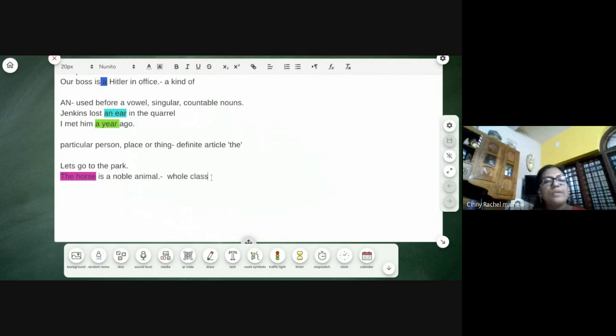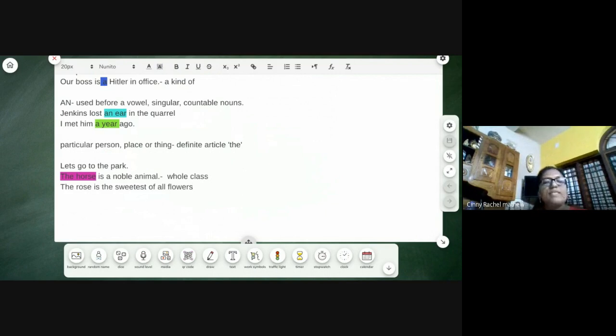Now, I can give you another example like this. The rose is the sweetest of all flowers.